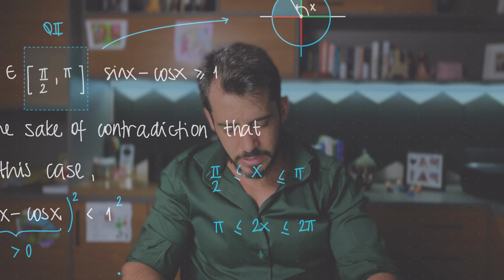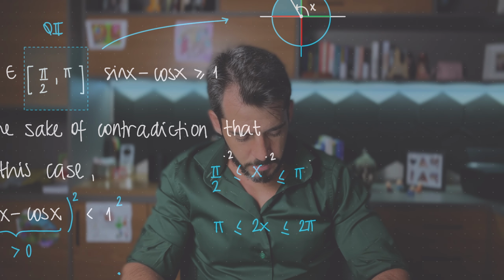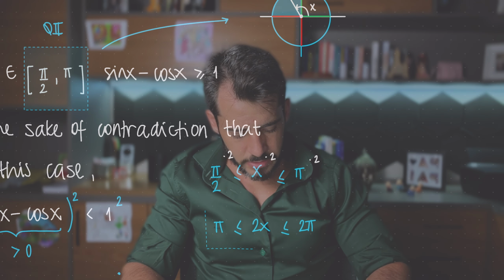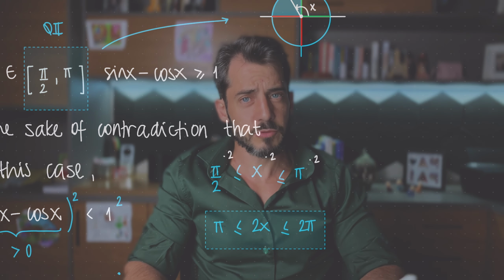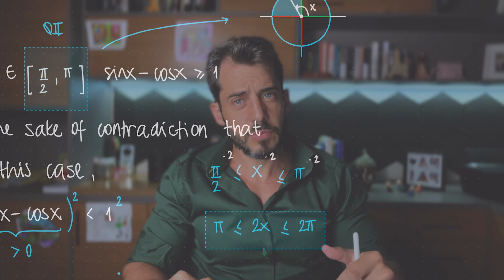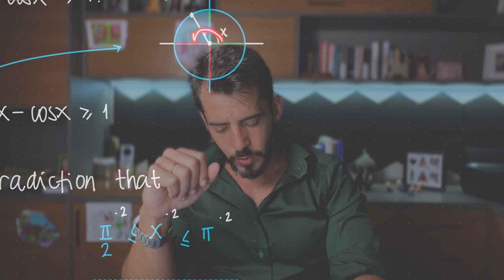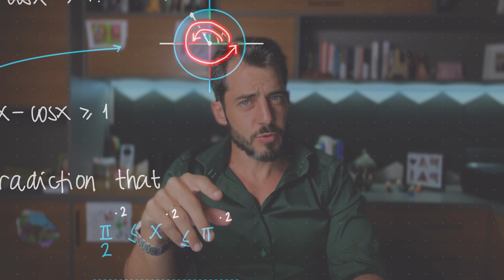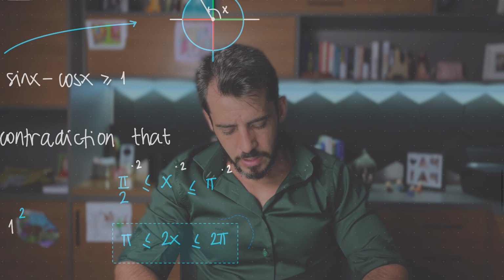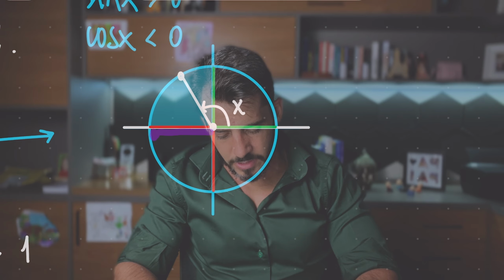The only thing that we did here was to multiply all of these terms by 2, which means that 2x lies in between pi and 2 pi, including pi and 2 pi. Now, we're talking right now about quadrants 3 and 4. The angles ranging between pi and 2 pi are where quadrants 3 and 4 are. Now, let me color code this region differently so we can paint it in our diagram.